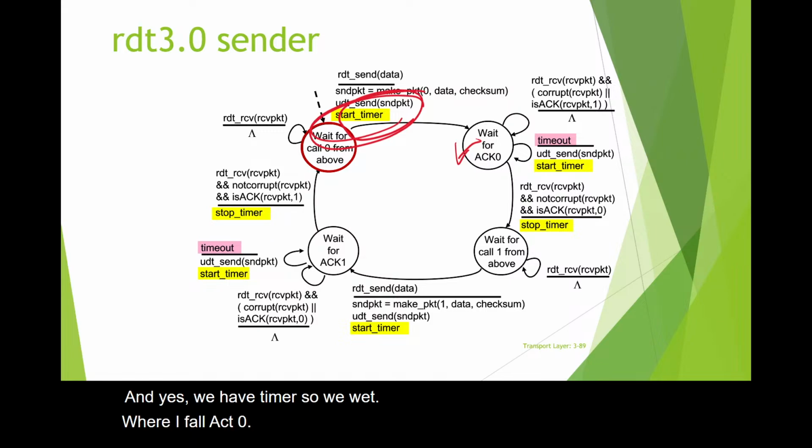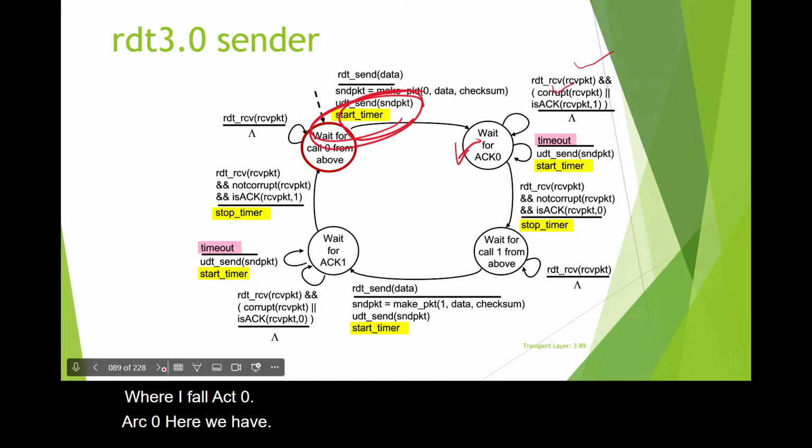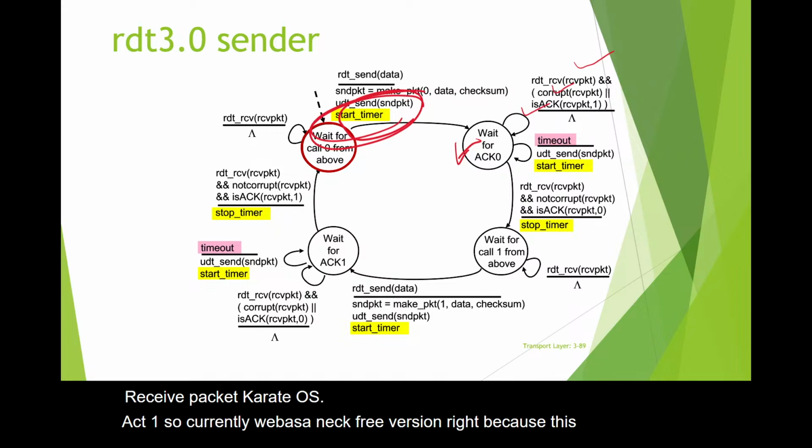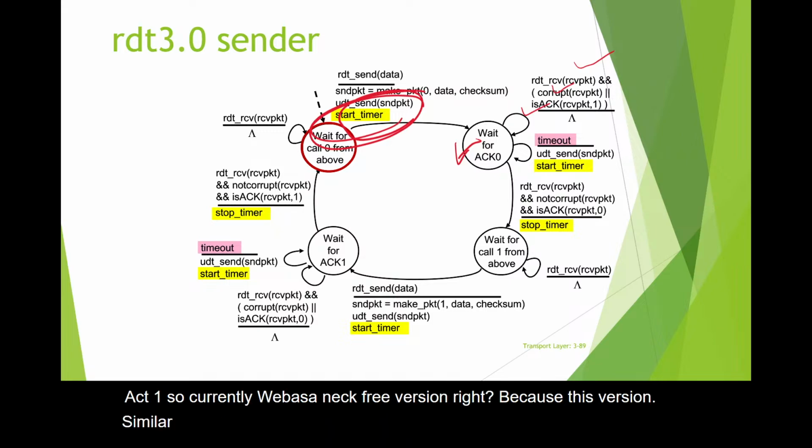And for ACK 0 here, we have the receive packet corrupted, or it is ACK 1. So currently we base this on the NAK-free version, right? Because this version is similar to the NAK-free version.